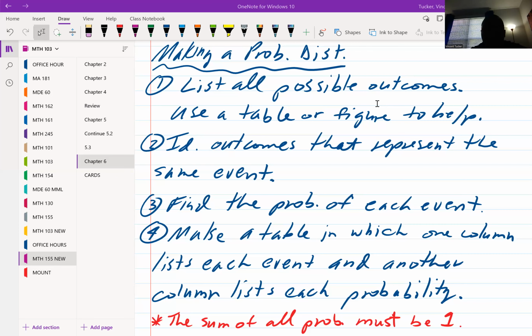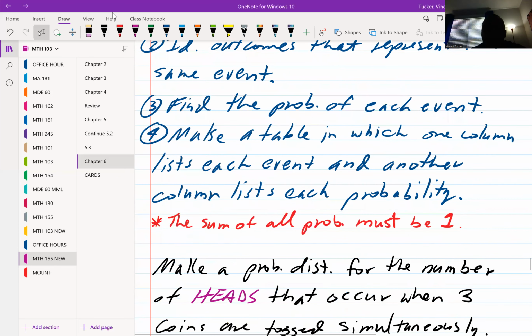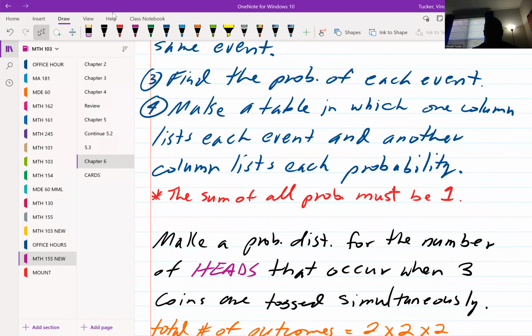All right, so let's try to put this to work. It says make a probability distribution for the number of heads that occur when three coins are tossed simultaneously.